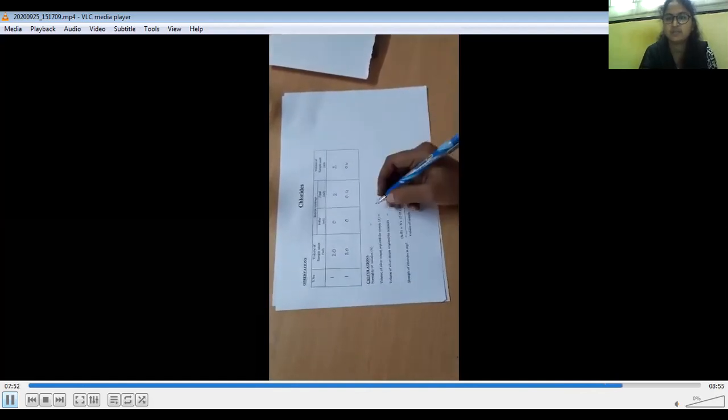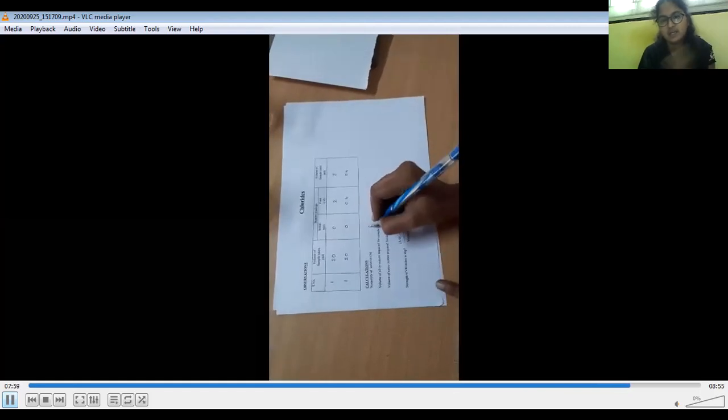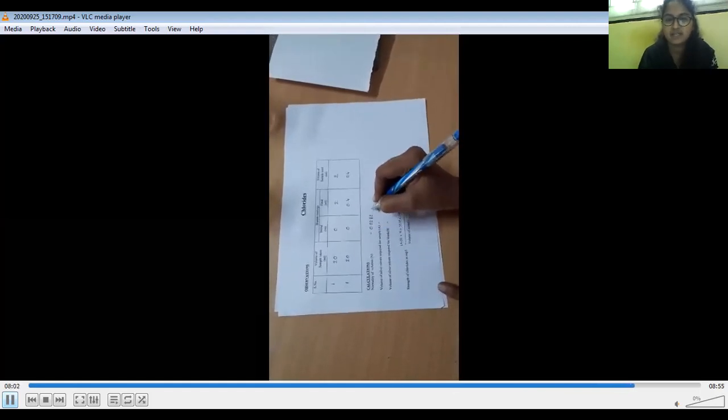The volume of silver nitrate for the sample titration is 2, the normality of silver nitrate is 0.082, and the volume of silver nitrate for the blank, distilled water, is 0.4. These values will be substituted in the given formula: A minus B into N into 35.45 into 1000 by volume of sample.